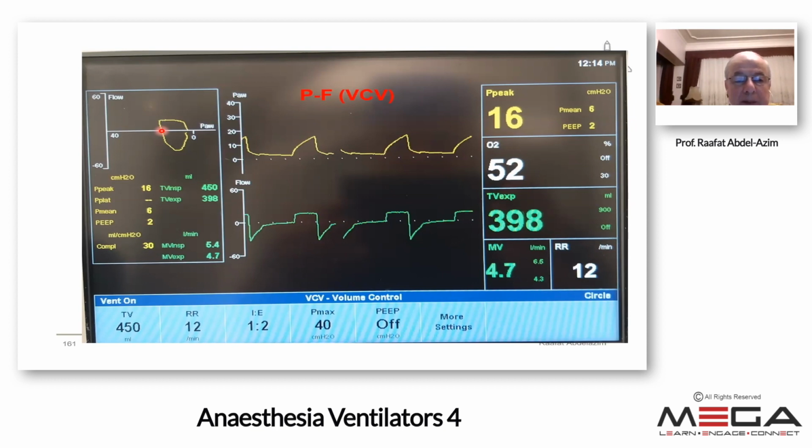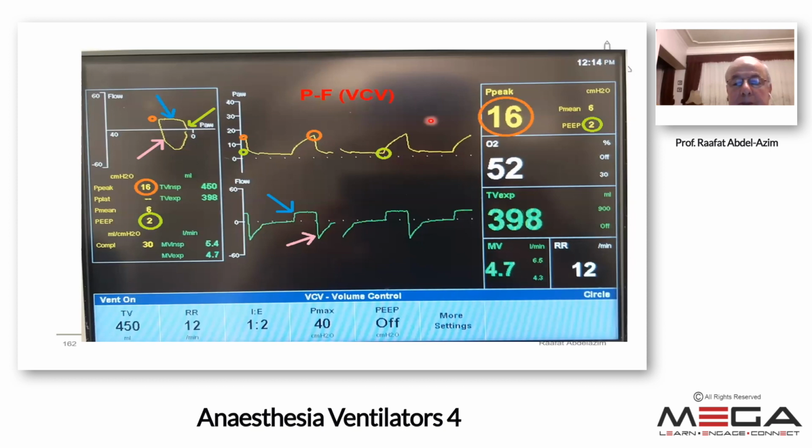Then the pressure will go to the left to approximately 0 or to reach the end expiratory pressure, and the flow in the opposite direction because of the negative flow during expiration. So this is a pressure flow loop during volume controlled ventilation.